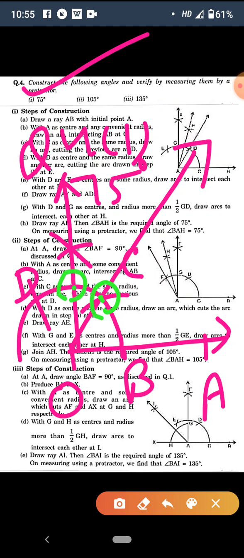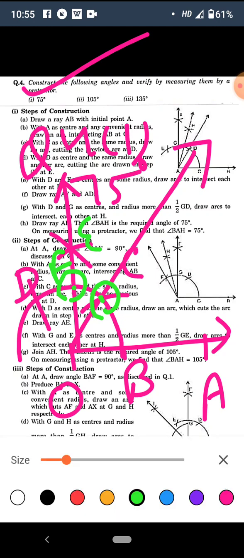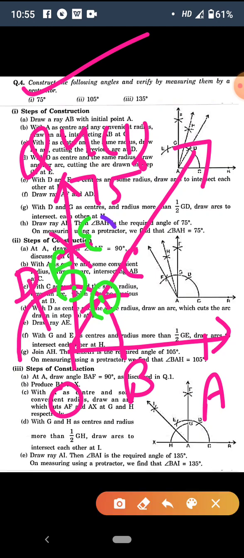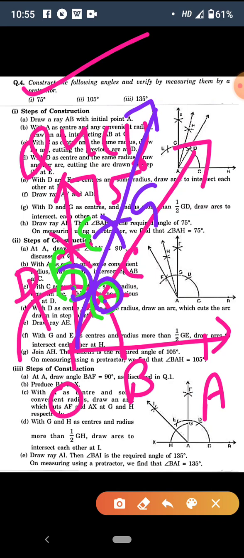So by putting your compass at O, A, B, C, D, let it be E, let it be F. So by putting your compass at C and F, you will draw an arc which will meet at G, and here it will lie 75. Okay. 60 degree, you know very well, this is the highlight of 60 degree, this is the highlight of 90 degree.